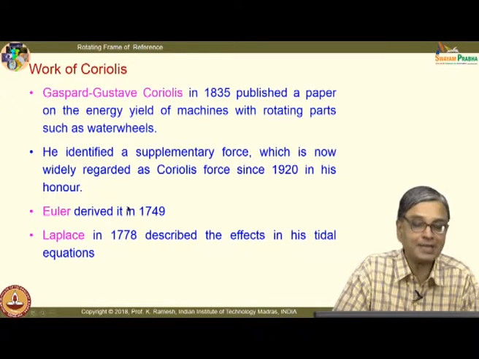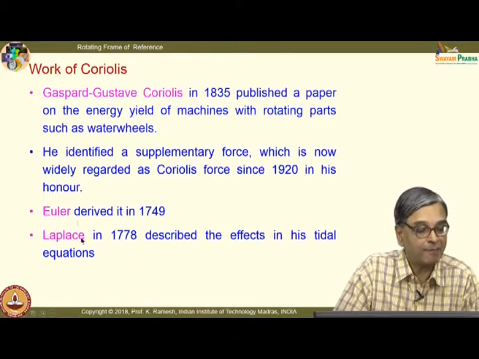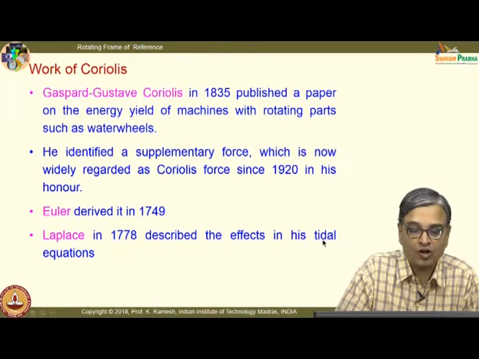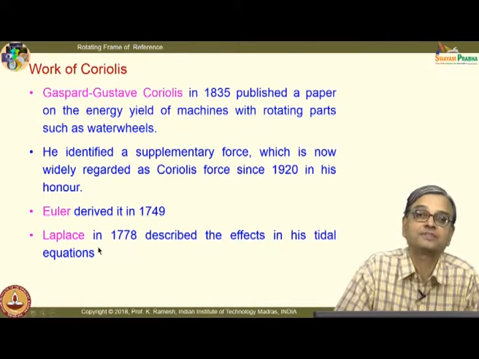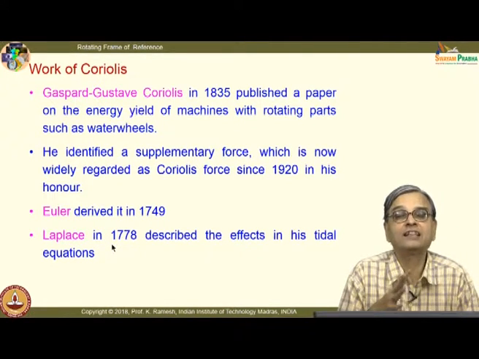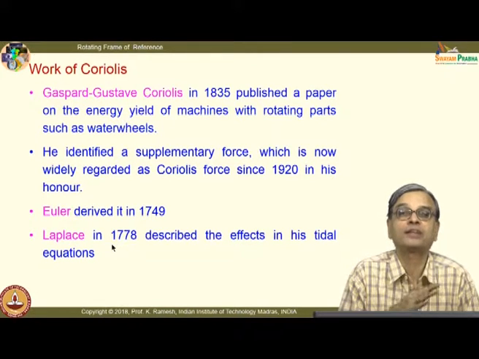And if we look at the mathematical derivation by Euler, it was available in 1749 itself. Laplace also had it in 1778 while he described the effects on tidal equations. However, there was no clarity on understanding these concepts at that point in time.